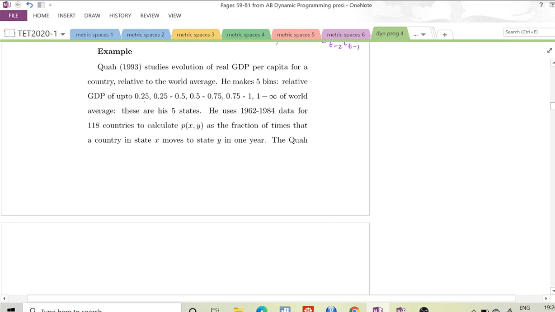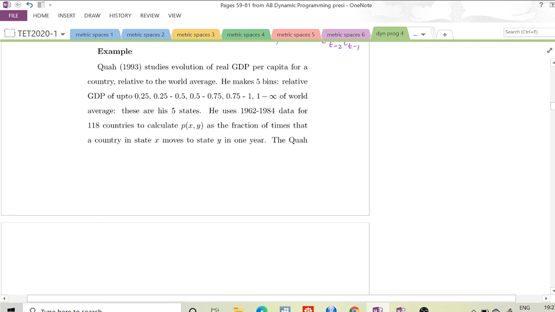And he makes these 5 bins: the GDP of a country in a particular year was higher than world average, or between 0.75 and 1 of the world average, between 0.5 and 0.75, 0.25 and 0.5, etc. 5 bins.